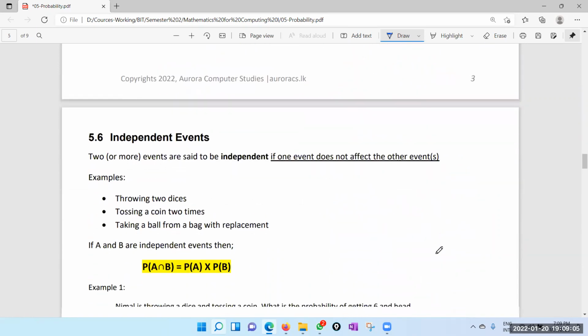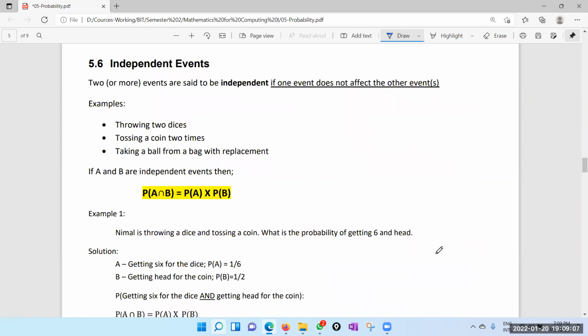So then we discussed independent events. Those are two different things. Independent versus not independent, and mutually exclusive versus not mutually exclusive, are two separate concepts. Independent events means one event does not influence the other event.